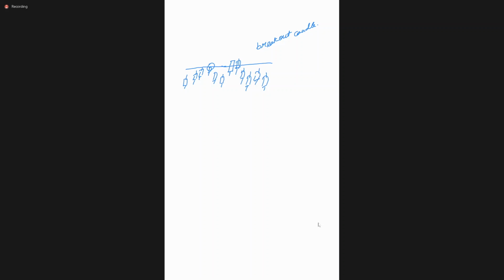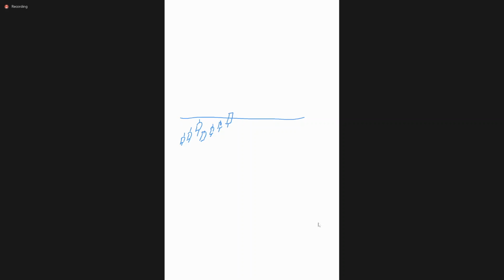So how do you avoid these kinds of things? I've got a solution for it. Removing everything off the screen, because this is my resistance level and the stock is traveling like this. And finally, I have a breakout out here. Suppose this level was 100.